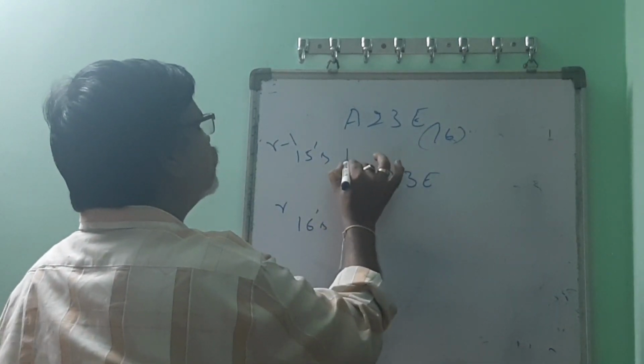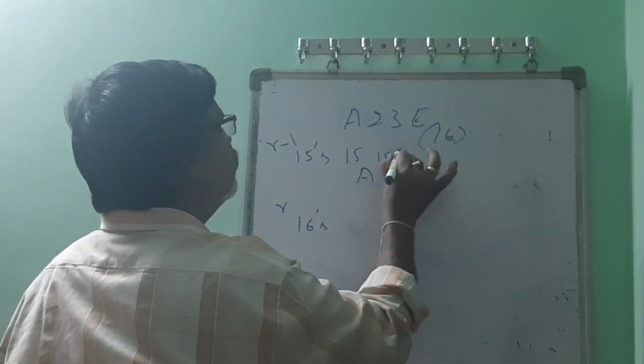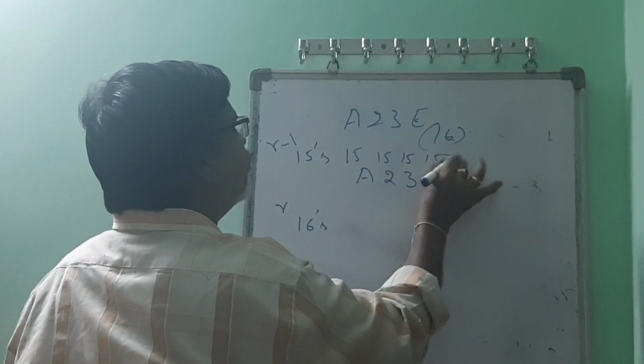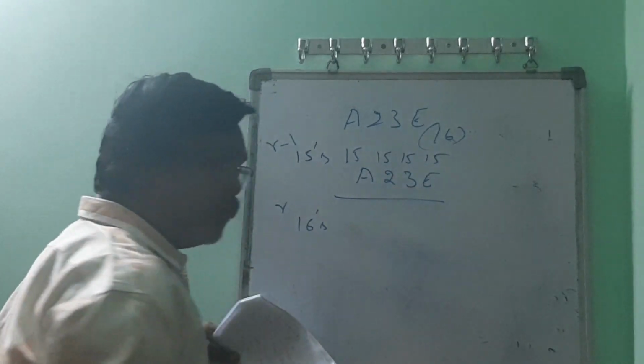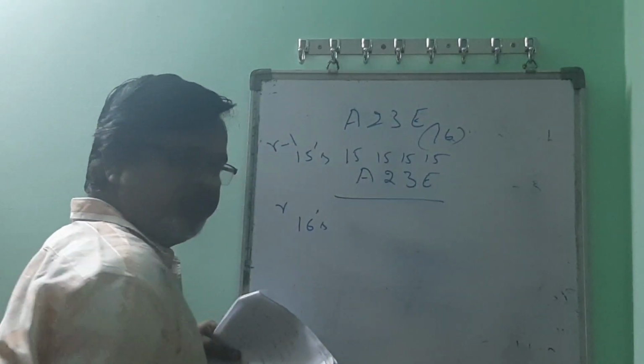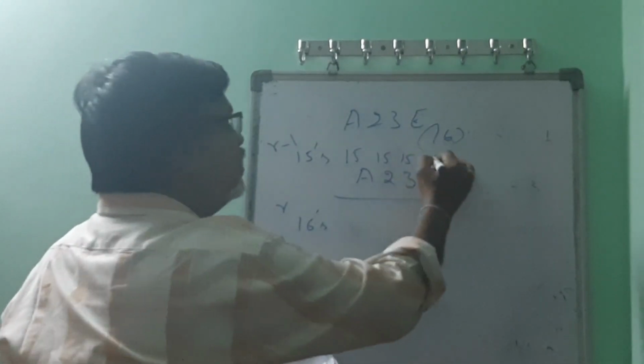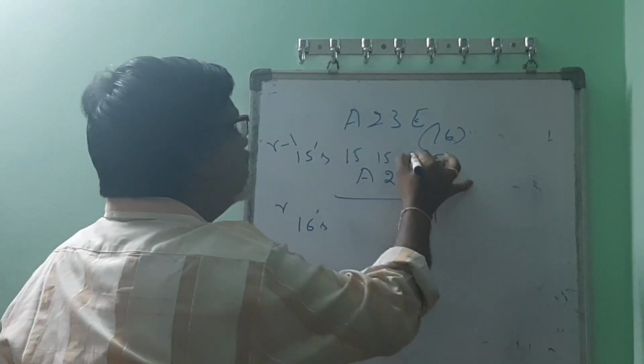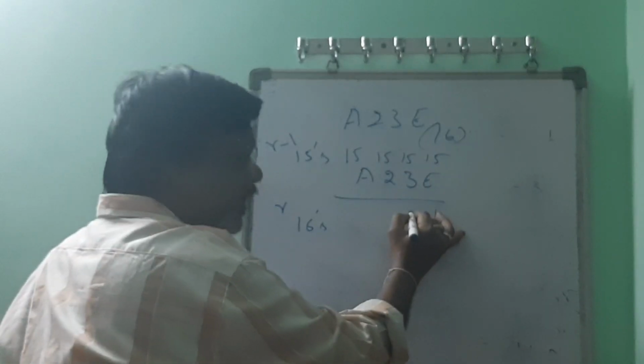So you take A 2 3 E. Here, 15. So subtract each digit from 15, 15, 15. You know well that the E value is nothing but 14. So 15 minus 14 is 1. 15 minus 3 should be 12.